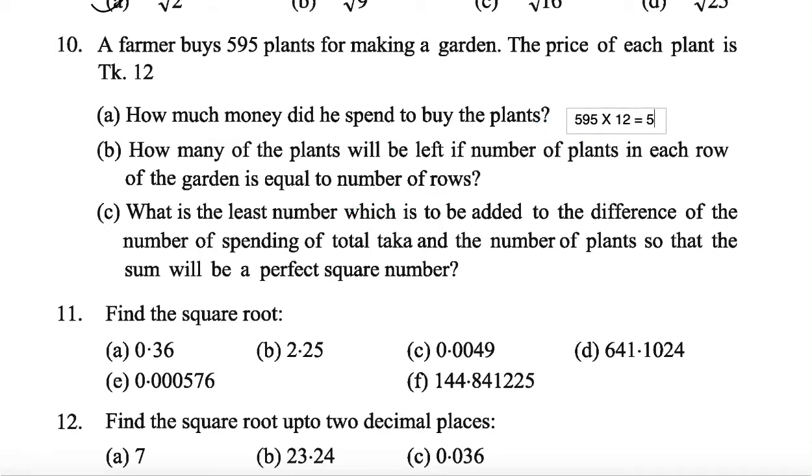If you want to get the result without using a calculator, you can break it to 10 plus 2 like this. 5950 plus 595 into 2. 2 5s are 10, 2 9s 18, 19, 1, 2 5s are 10, 11. So nothing but just add 200.